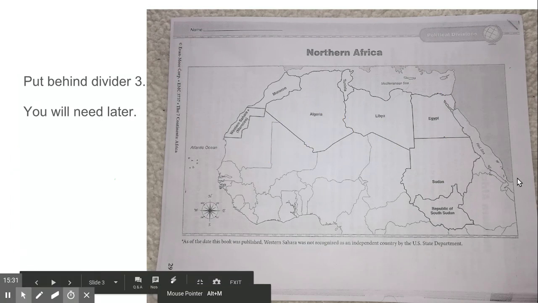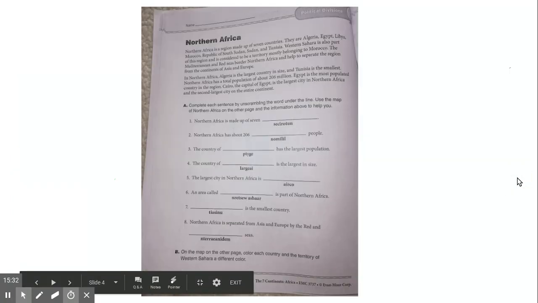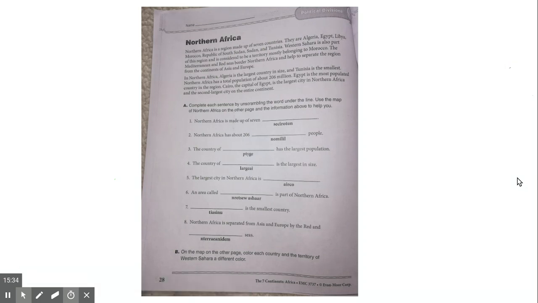If you look at the back behind that map, if you turn your page, still titled Northern Africa, so you can tell it goes with the same thing, there's 2 paragraphs at the top, and it's going to give you a breakdown of some numbers, like how many countries make it up, which one's the biggest population, all that stuff.